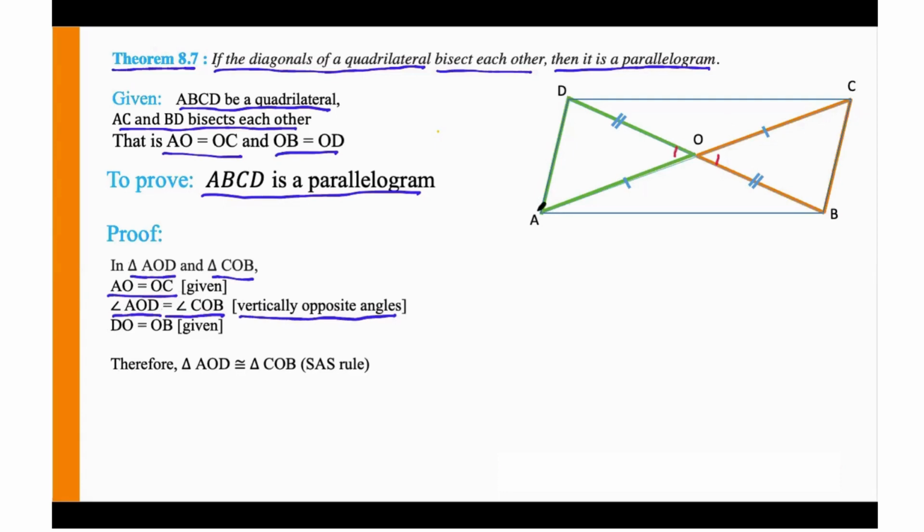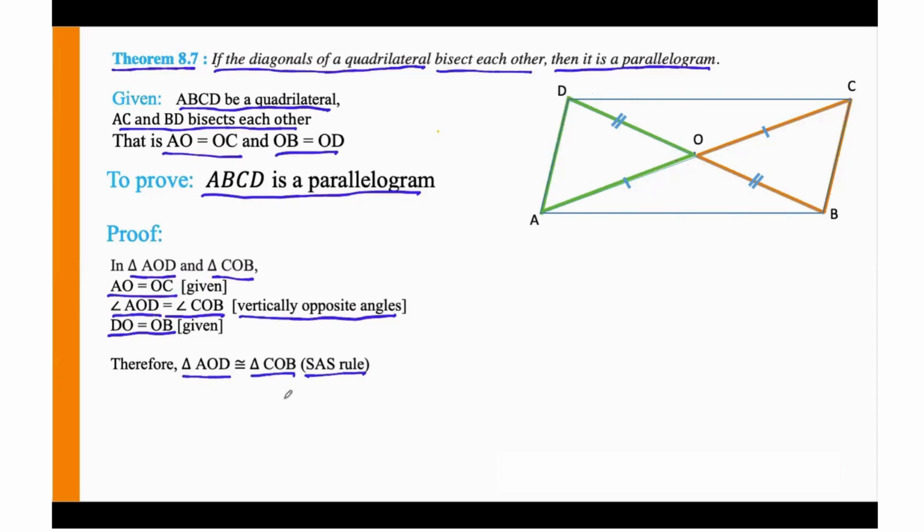And also it's given that DO is equal to OB. So by SAS rule, we can say that triangle AOD is congruent to triangle COB.